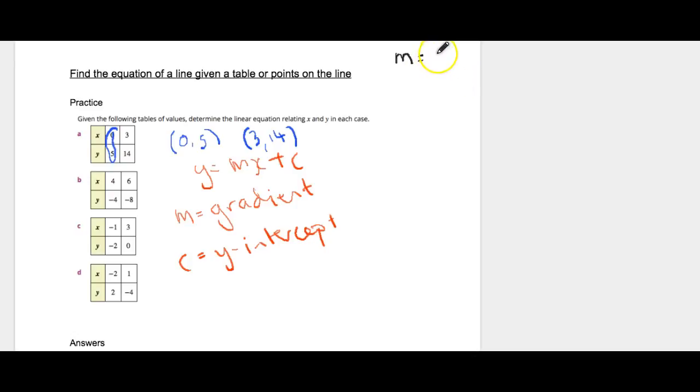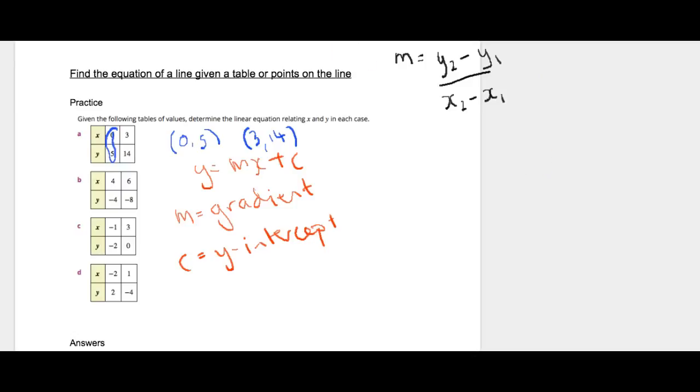Now the formula for the gradient is the difference in your y values. We say that's y2 minus y1 over the difference in your x values. So that's basically rise over run. So this is the difference we're going up, and the difference we're going across.